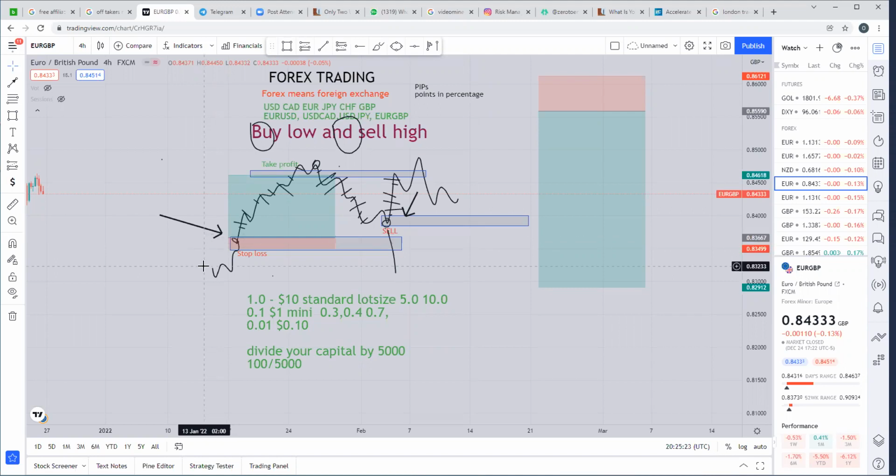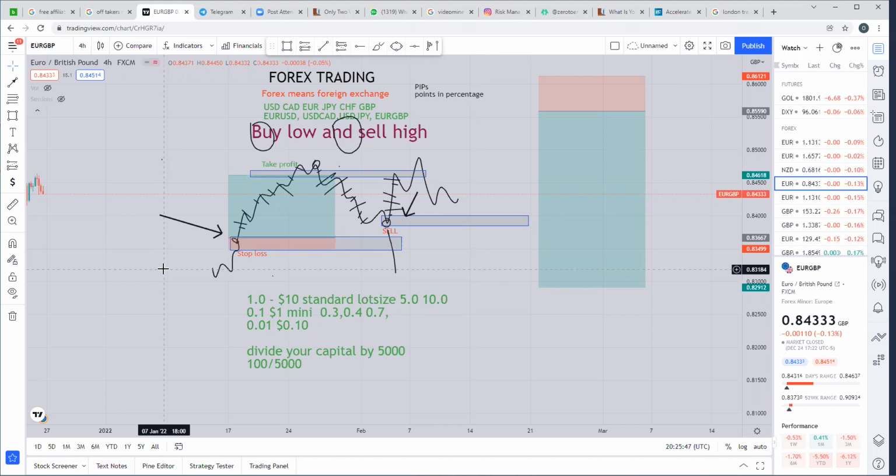But if the market goes in our direction, how many pips do we have here? Let's say the market has gone in our direction to this point. Now this is 94 pips. So we would have made $940 in profit if the market had gone in our direction.